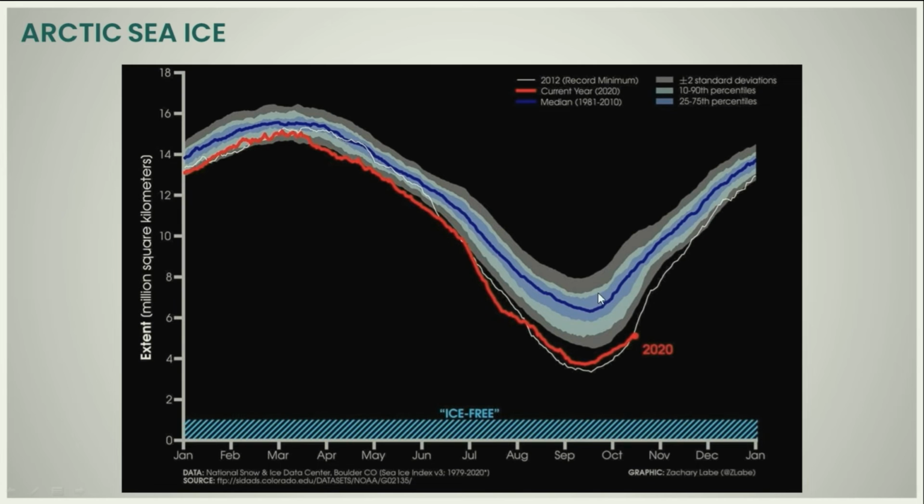These values have been year-on-year values, but last year was the lowest it's ever been. That's this red line, and it's the lowest right through the year. It's not just that it's a very low value in the middle of summer, it's been a very low value all through the year. So that's what's happening now, that the sea ice is weakening throughout the year, even though the change is most obvious in summer.